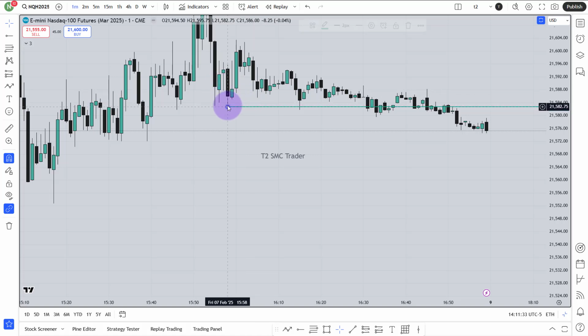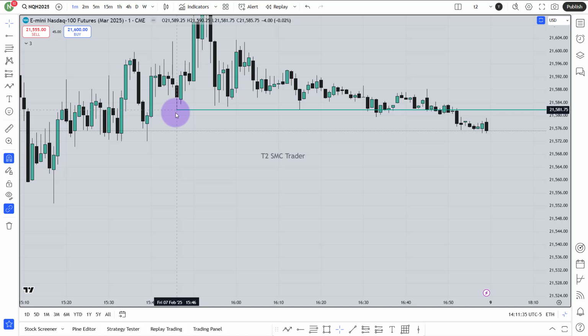But if you ask me, this low and that low, are they the relatively equal lows? Same thing over here. This is not relatively equal lows. The reason is this is not a swing point. This is a swing point here, and this is a swing point, okay, but this is not a swing point, so I'm not interested in treating this as relatively equal lows.